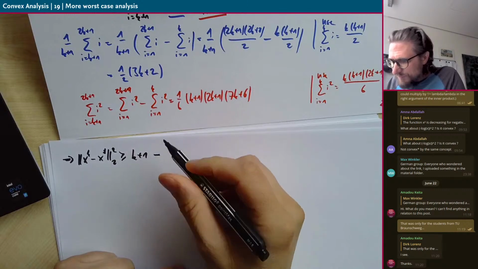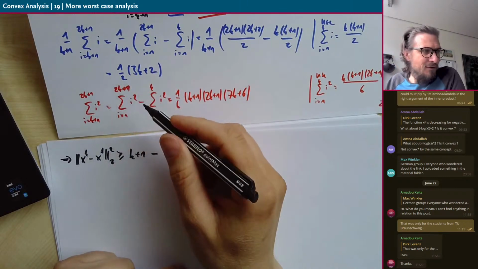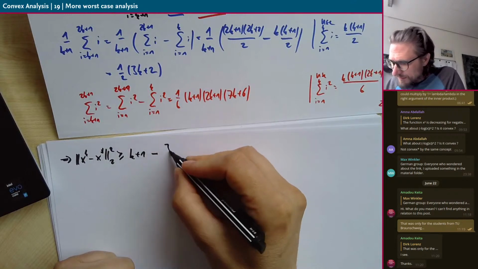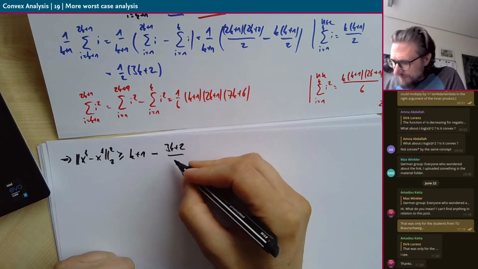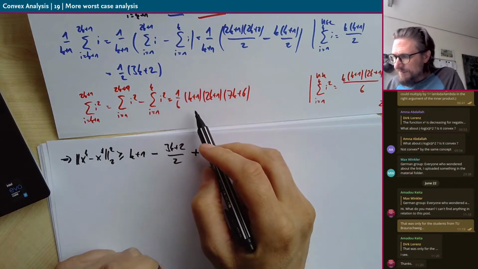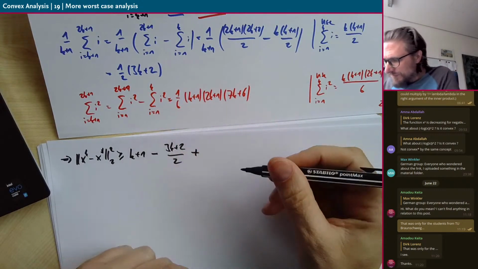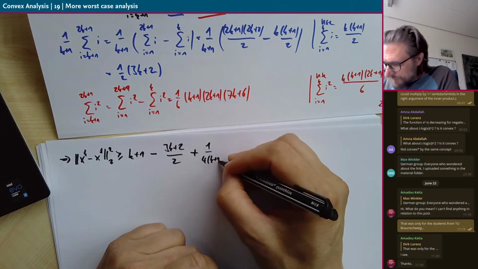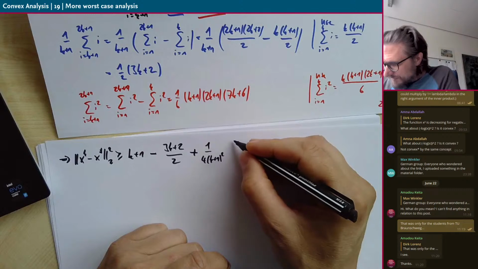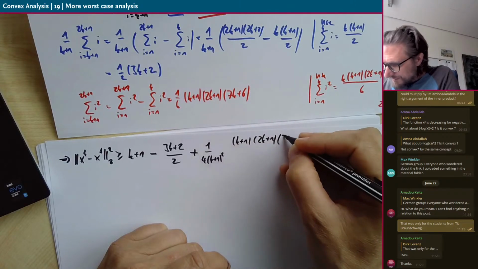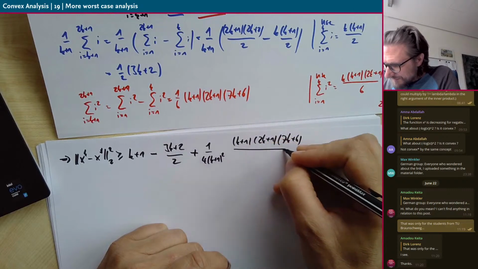From the second we have to subtract this guy here, 3k plus 2 divided by 2, and then we have to add this guy here divided by 4 times k plus 1 squared. So it's 1 over 4 k plus 1 squared times k plus 1, 2k plus 1, 7k plus 6 divided by 6.